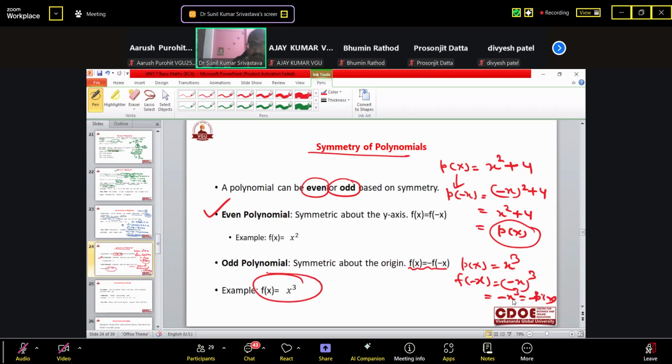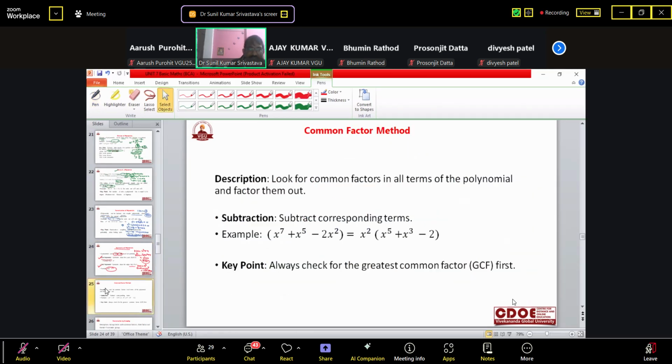That expression is known as an odd polynomial. So, even polynomials: when replacing x by minus x, there is no change, we get the same polynomial. And odd: when replacing x by minus x, we get the same polynomial but with the negative sign. So these expressions are odd and even.